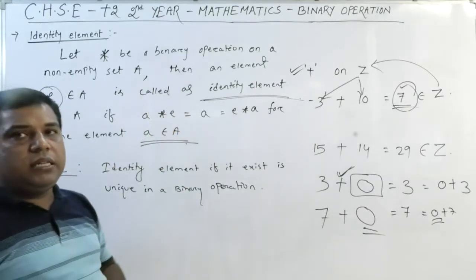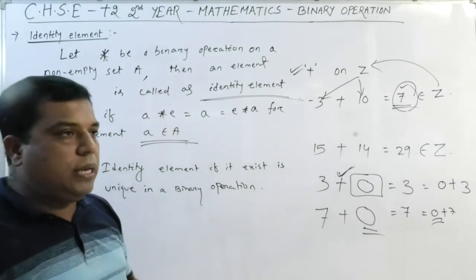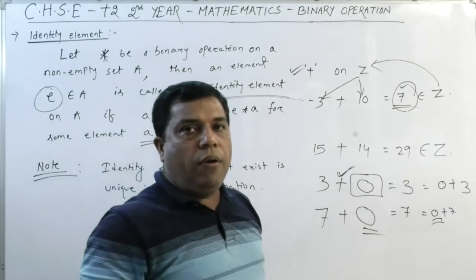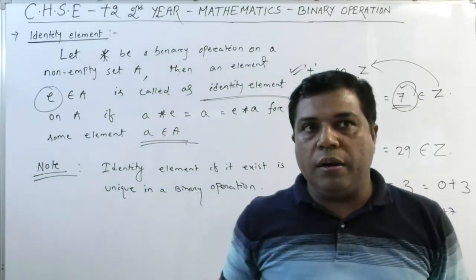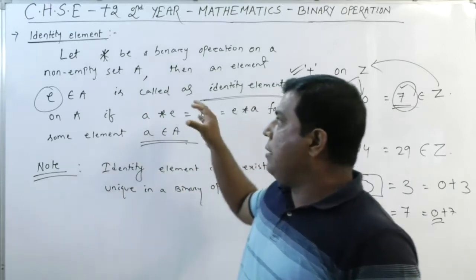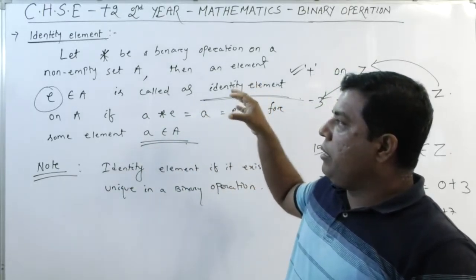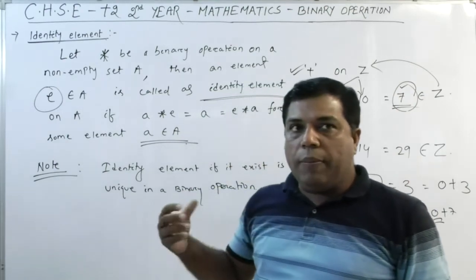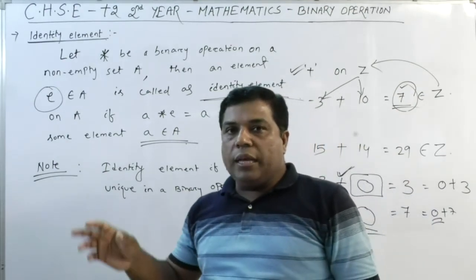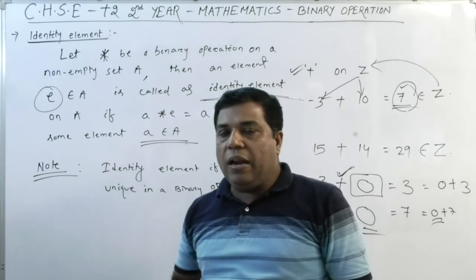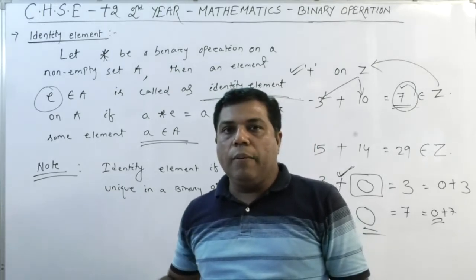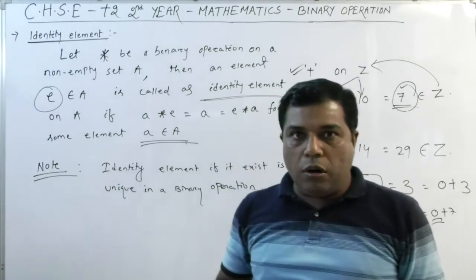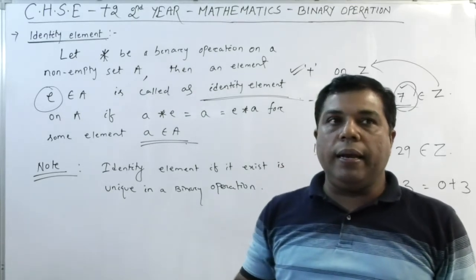Now my dear students, again I am going to tell you what is the meaning of identity. Identity means such an element, on a binary process with a given set, that it can operate with every element but does not alter the value of the given element.